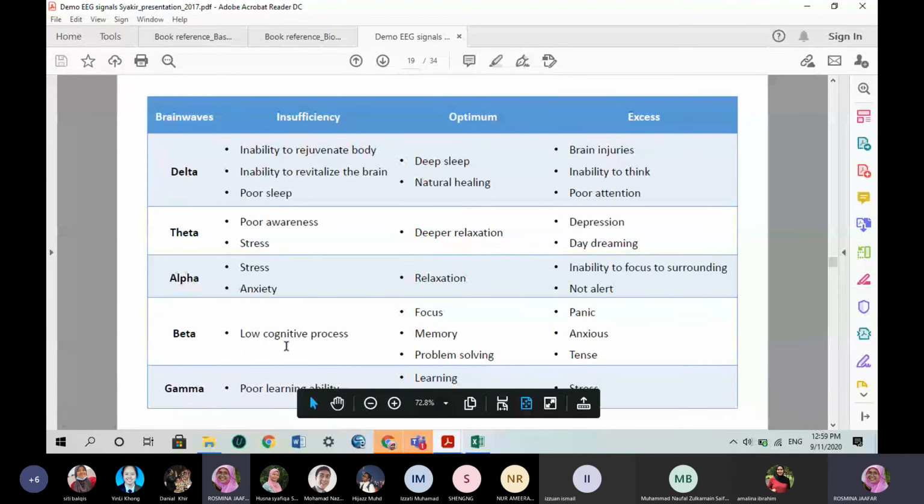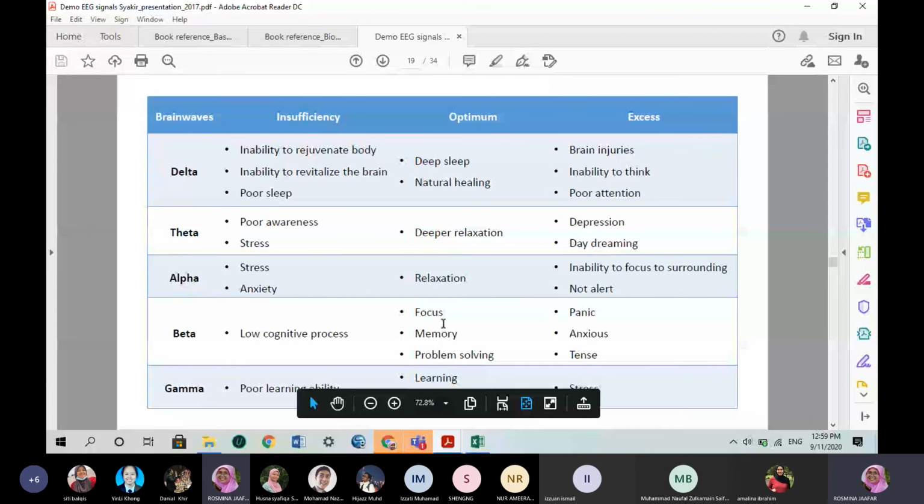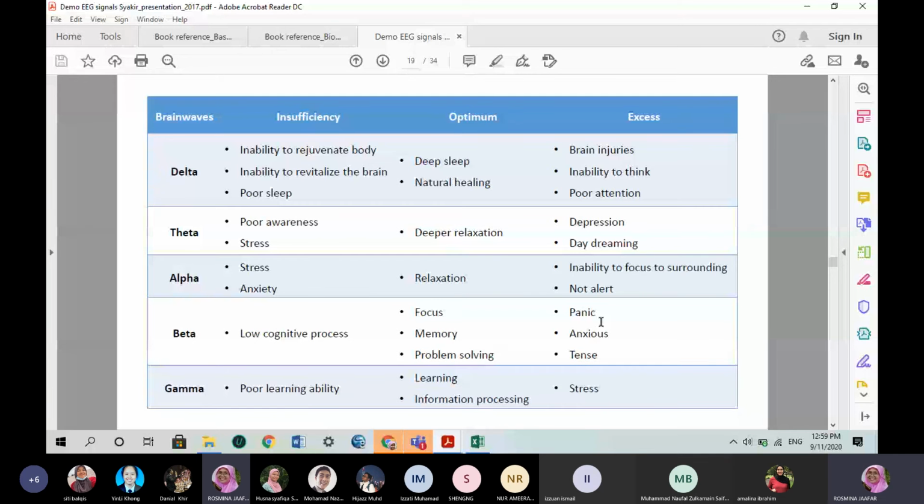For a person who has a lot of beta waves, for the cognitive process, if too little, cannot perform high level cognitive process. Beta wave is important for focus, memory, and problem solving. And if too much, beta wave can easily cause the person to become panic or anxious or very stressful or tense.